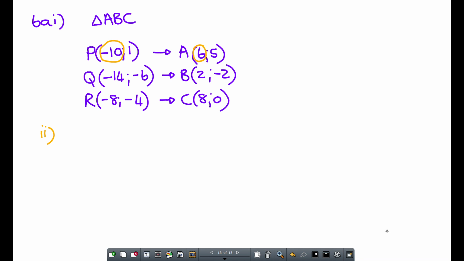How many units did we move? 16 units. Right, okay. And look at the y values, 1 and now it's 5. So we went 4 units up. Okay, any questions there?